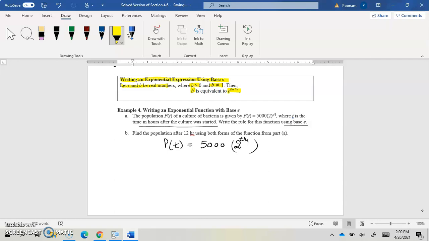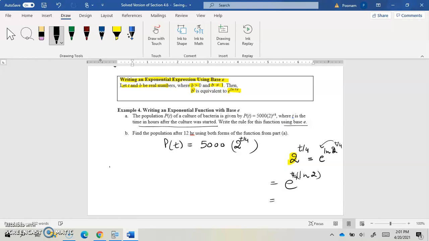So that means what they're asking here, we're going to use that. We want to write this function with the base e. Right now it is written with the base 2 raised to power t by 4. So 2 raised to power t by 4 can be written as e raised to power natural log of 2 raised to power t by 4, which would be e raised to power natural log of 2 times, this power comes out, right? t by 4.